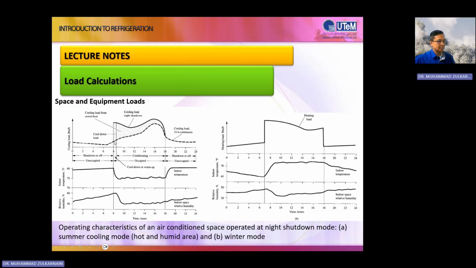Maybe it starts slowly, and this one is cooling, and then it becomes a peak, near the peak during 12 o'clock until 4, because at that time it is sunny and the sun is at its peak.